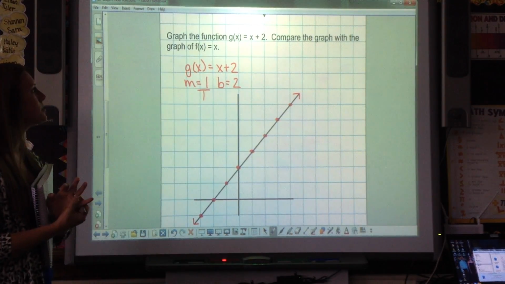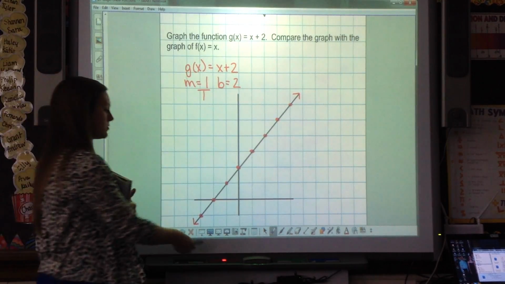I did step 1. My second step is to compare the graph with the graph of f of x equals x.